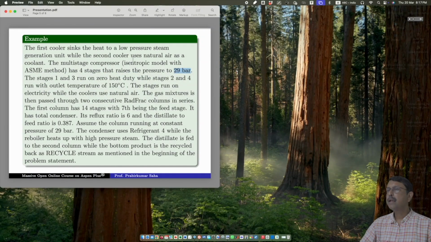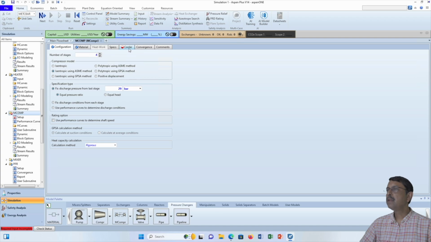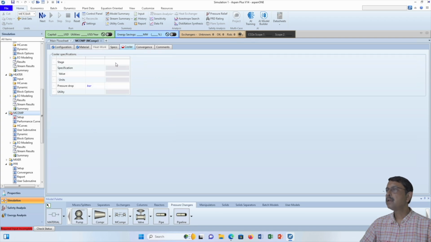And what else? The stages 1 and 3 run on zero heat duty, while stages 2 and 4 run with outlet temperature of 150 degrees centigrade.